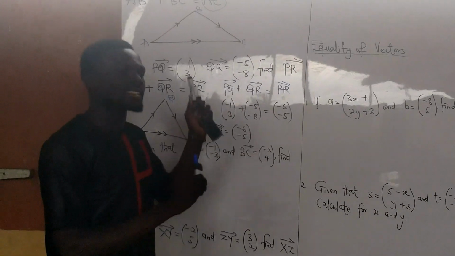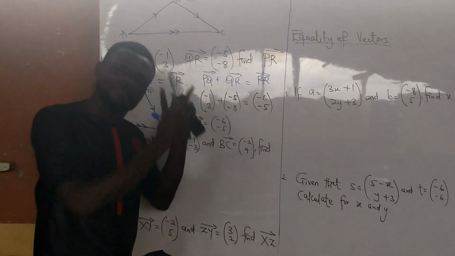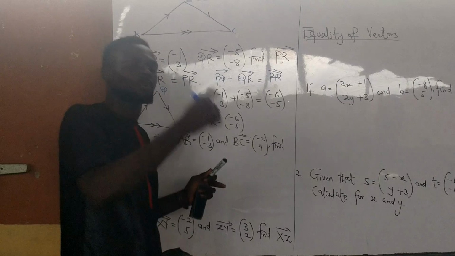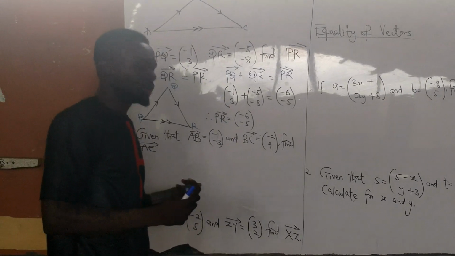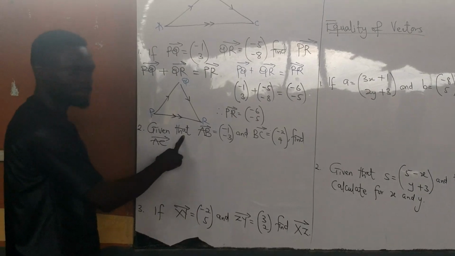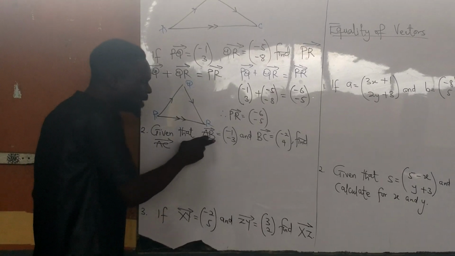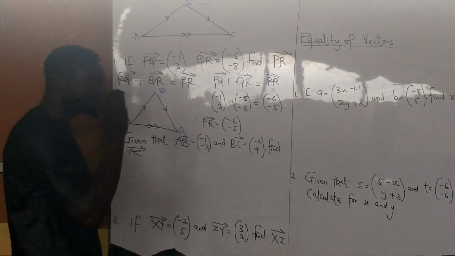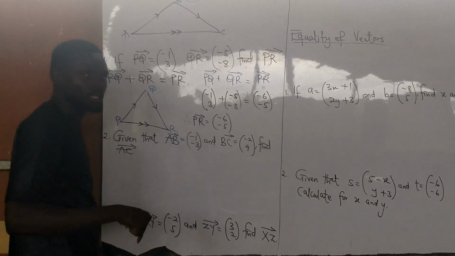Always, the second point of the first vector is the first point for the second vector. So when you come to number 2, it says that given that vector AB is equal to negative 1, negative 3. So the first vector that they've given us is AB.